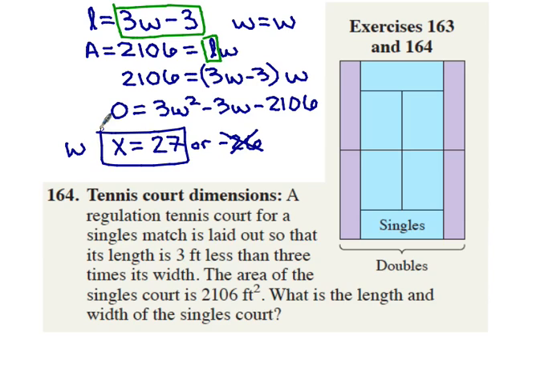I can then plug that back into the length equation, so we can figure out that 3 times 27 minus 3 is going to give us our length. So our length is going to be 78 feet. Okay, so there's our two solutions for our dimensions, and we can solve stuff like that.